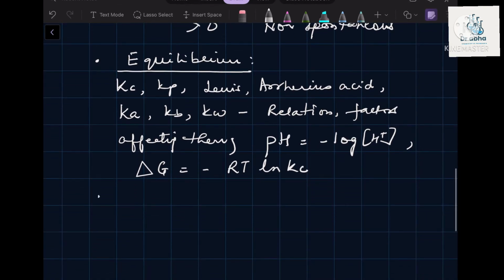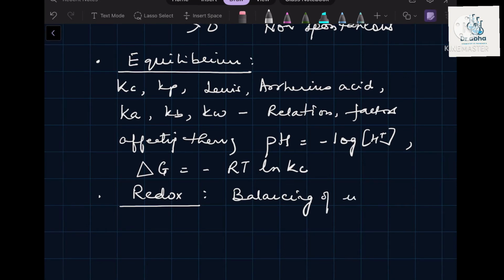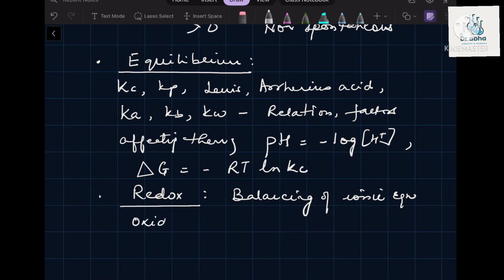Then you have the chapter of redox in class 11th, in which the balancing should be clear to you. Balancing of ionic equation, finding out oxidation number, right?